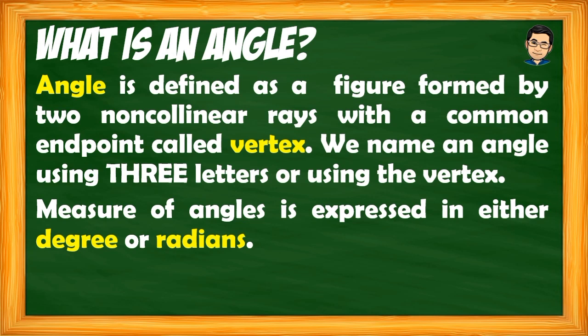And then, measure of angles is expressed in either degree or radians. So since nasa grade 7 pa lang kayo, ang gagamitin nating unit sa pag-express ng measurement ng angles, degrees muna. Ito yung parang bilog na maliit na nakasulat sa pinakataas.